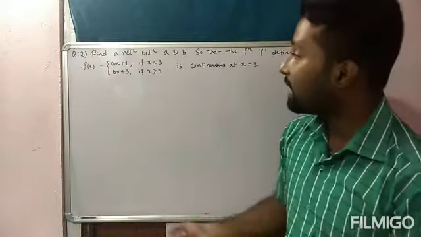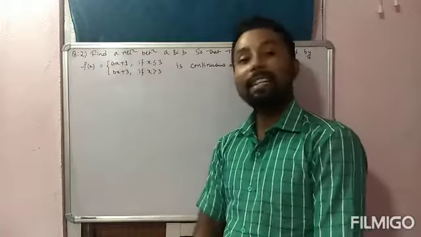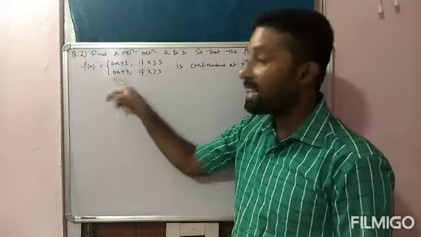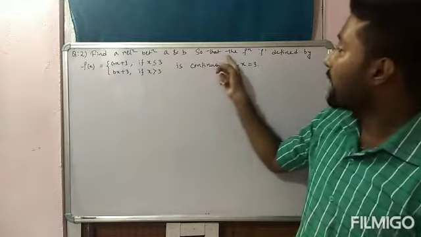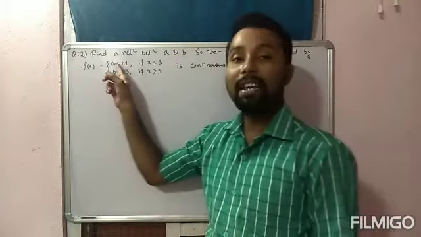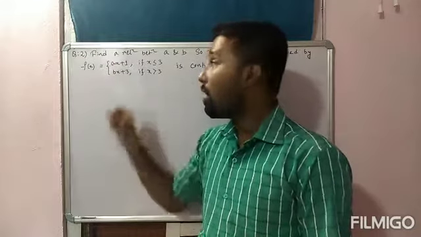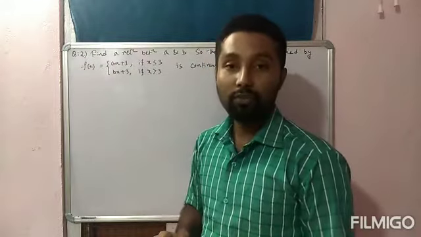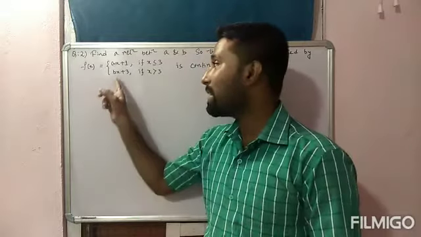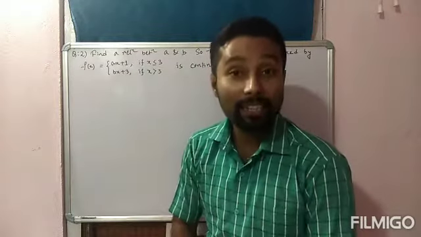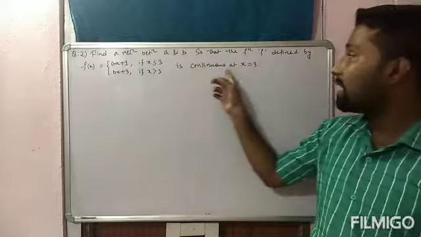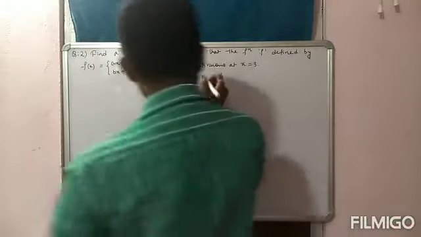Question I am repeating again. You are asked to find a relation between A and B so that the function f defined by f of x is equal to ax plus 1 if x is less than or equal to 3, and the second condition is bx plus 3 when x is greater than 3, is continuous at x equal to 3. What does it mean?